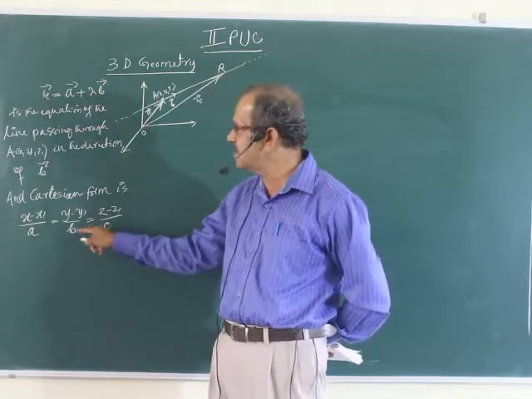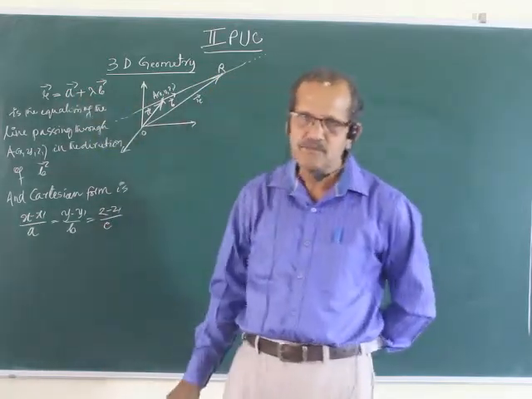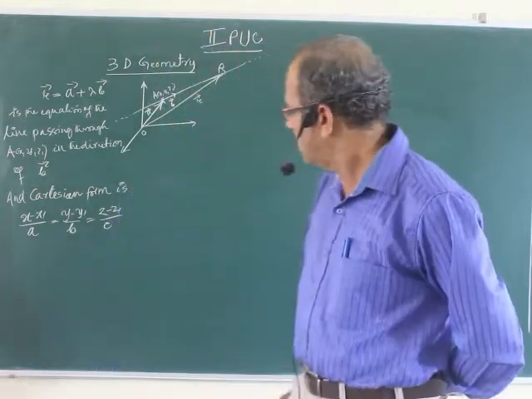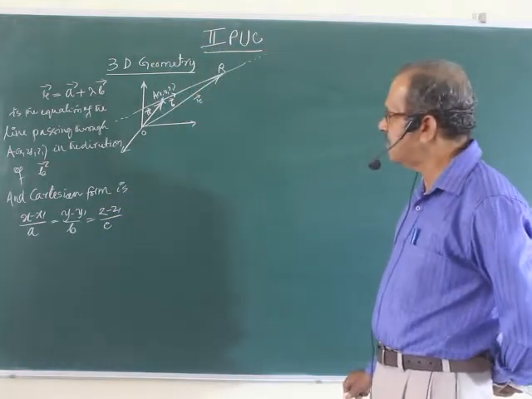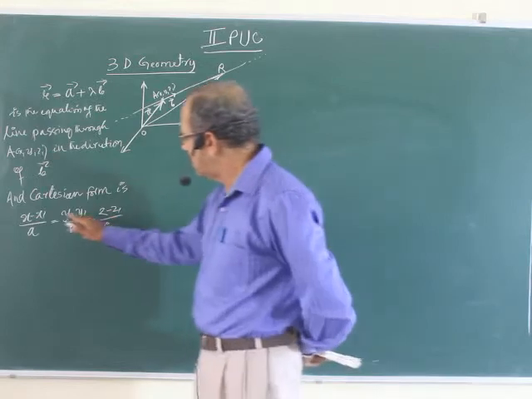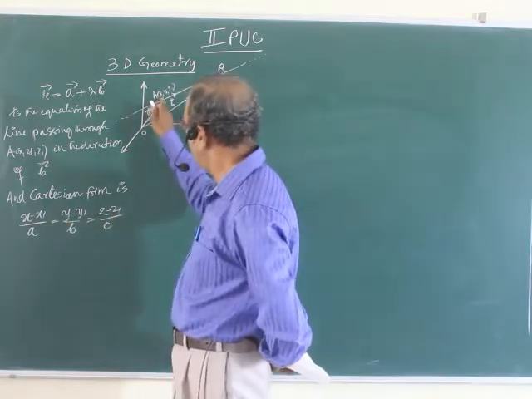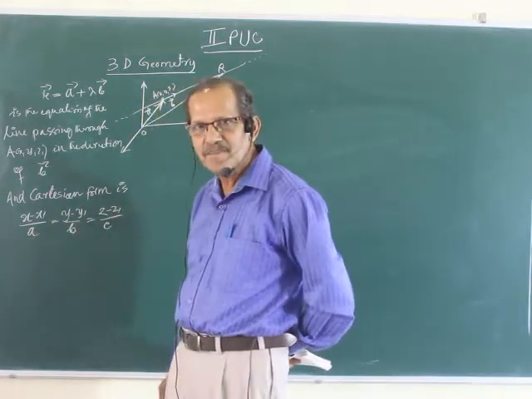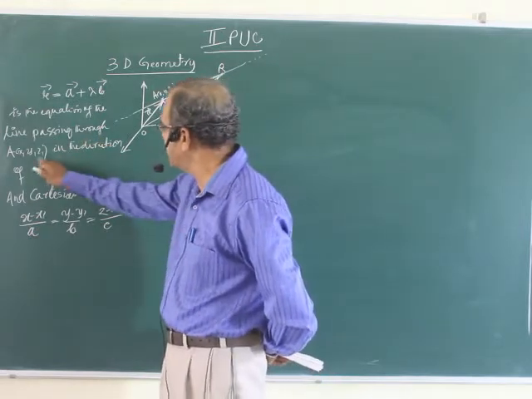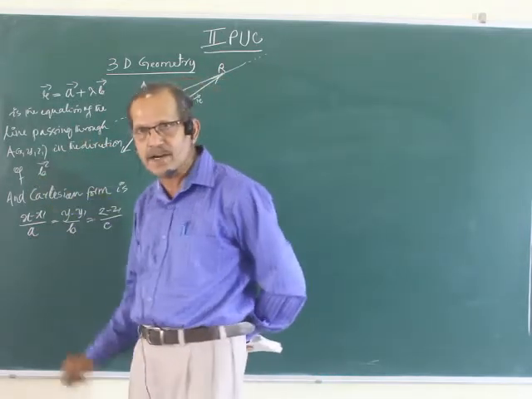This is Cartesian form, this is vector form. Here x1, y1, z1 is the point. What about this a, b, c? Actually, vector B is given in the direction of the line.